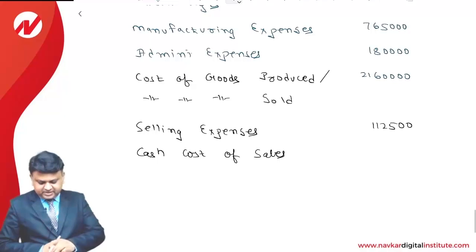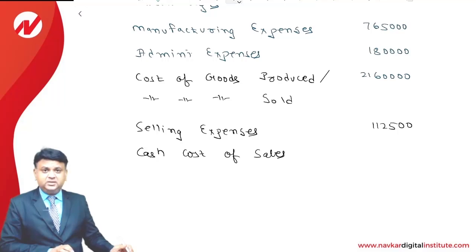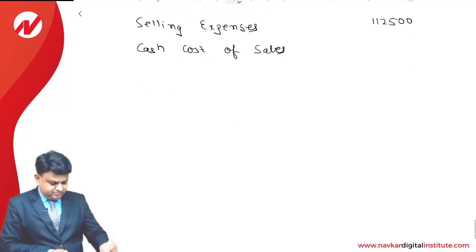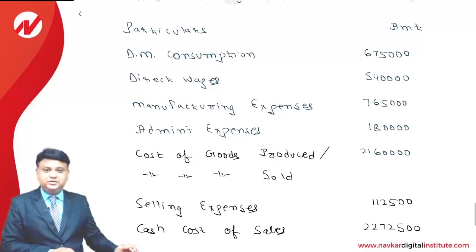It is 21,60,000 plus 1,12,500, so 22,72,500. This is the way the cash cost of sales is calculated.